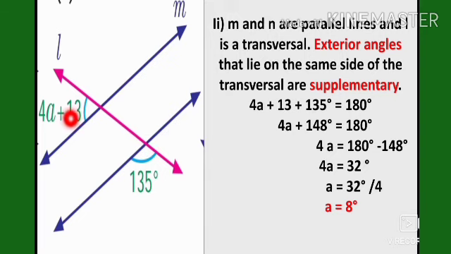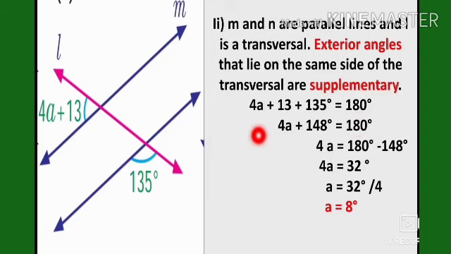Since they are in the exterior region, they are known as exterior angles, and also they lie on the same side of the transversal. We know that exterior angles that lie on the same side of the transversal are supplementary. So to find the value of A, we are going to use this condition. Supplementary means the sum of these two angles is equal to 180 degrees.